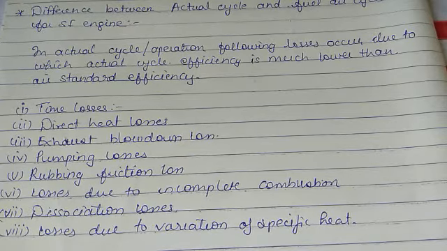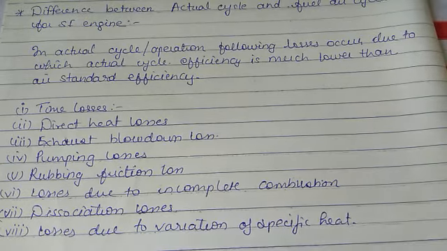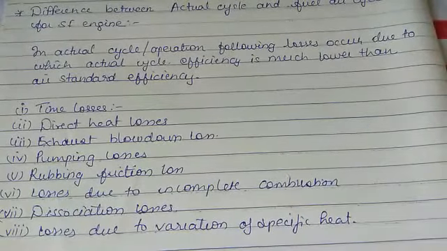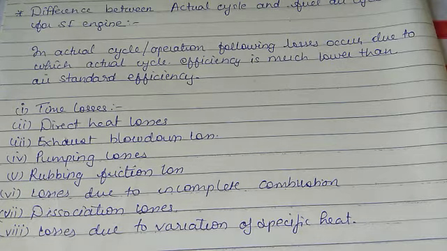Spark timing loss means a definite time is required to start the combustion of fuel, so the time lost during spark timing and the starting of combustion is known as spark timing loss. Incomplete combustion loss means the loss due to incomplete combustion.